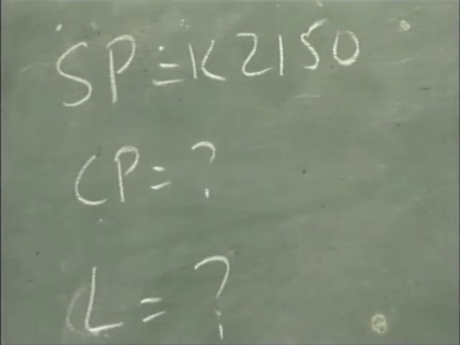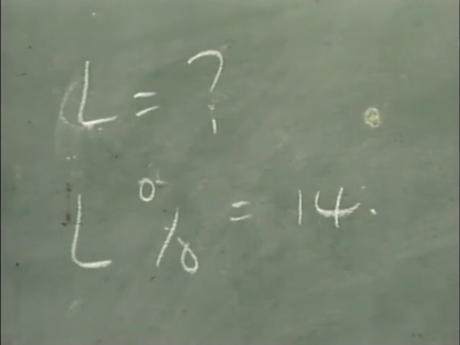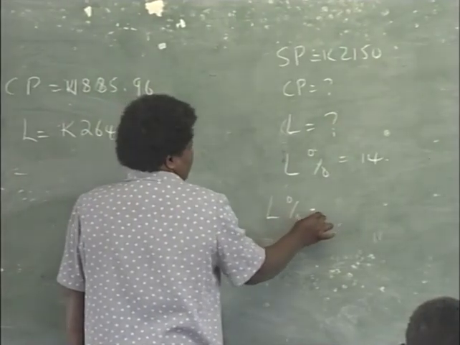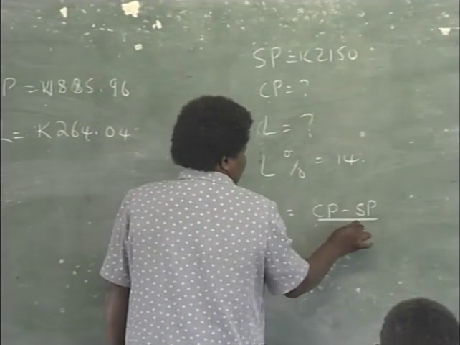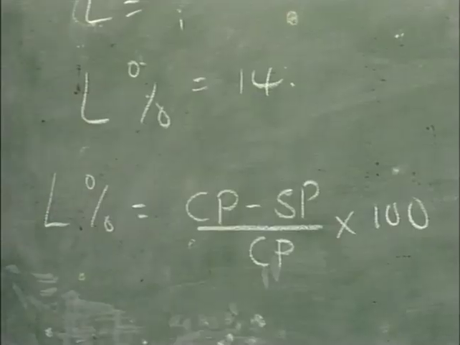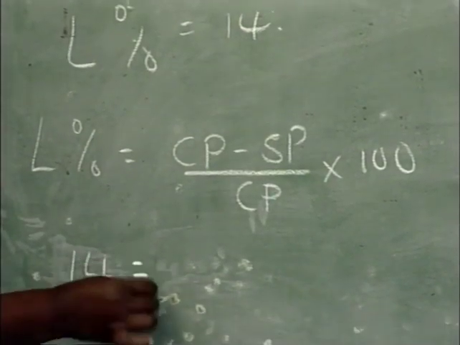But we know that the loss percentage is 14%. So remember the formula that I gave? Loss percentage is equal to the cost price minus the selling price over the cost price multiplied by 100. Loss percentage is 14. Cost price we do not know.